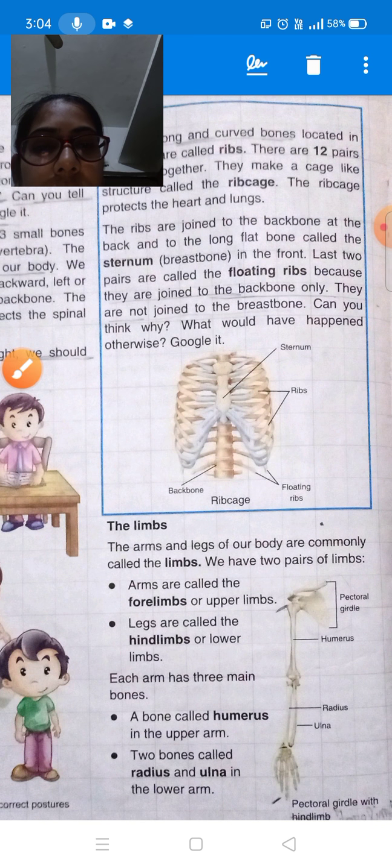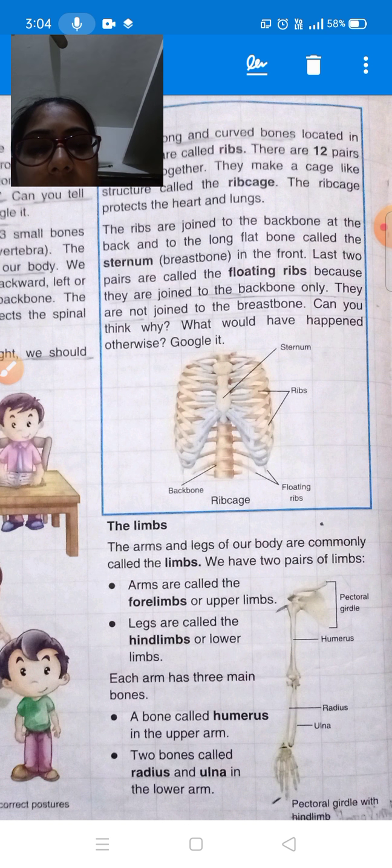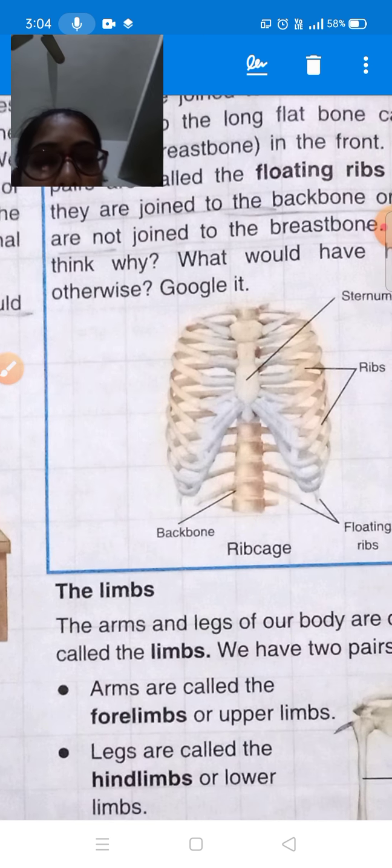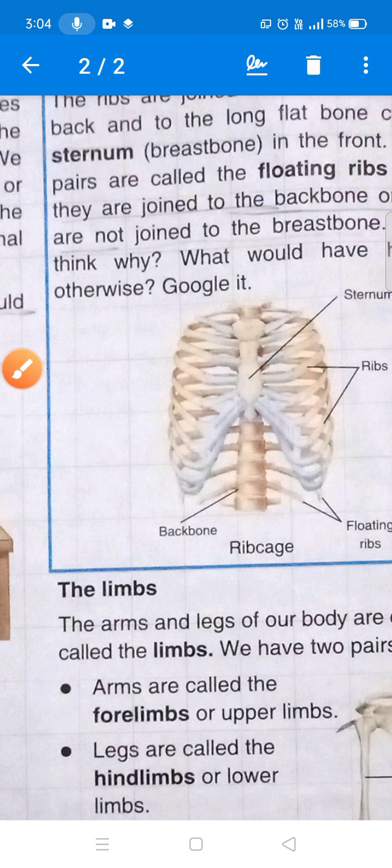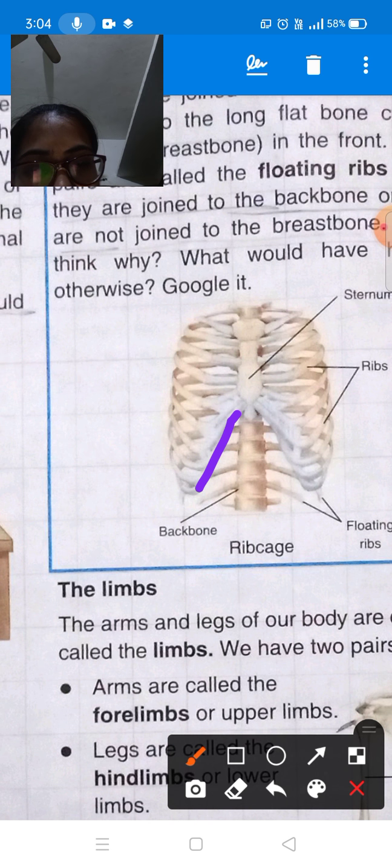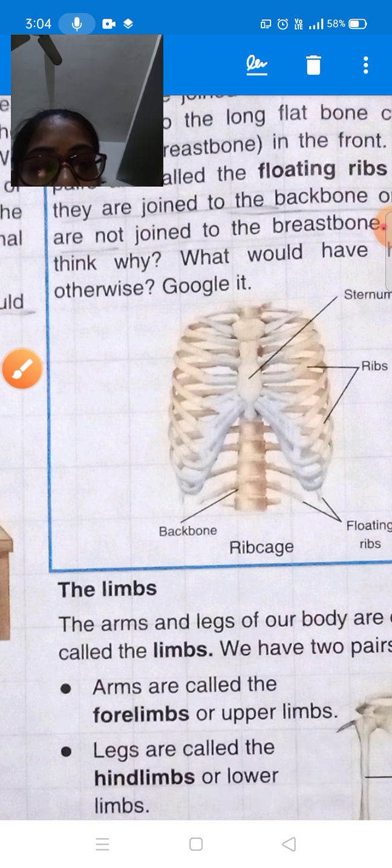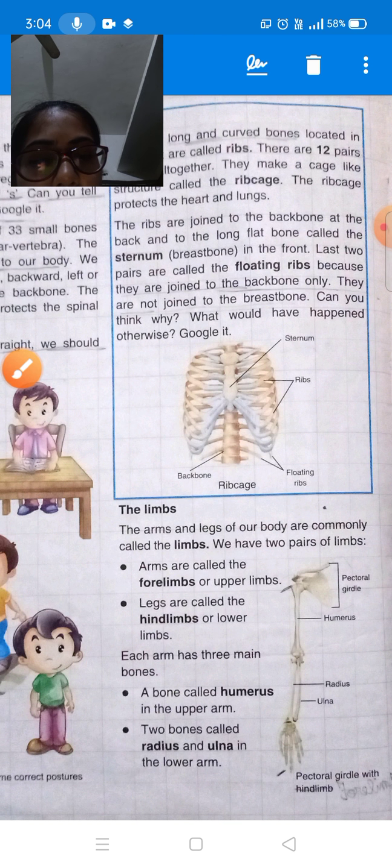The last two pairs are called floating ribs because they are joined to the backbone only. Out of 12 pairs, the last 2 pairs of ribs are called floating ribs.